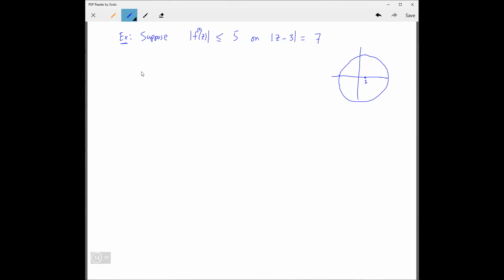And so the question is, find an upper bound for f of 3.